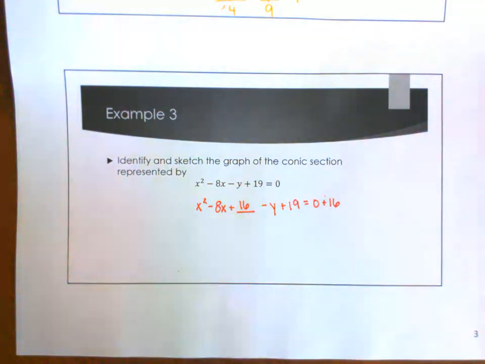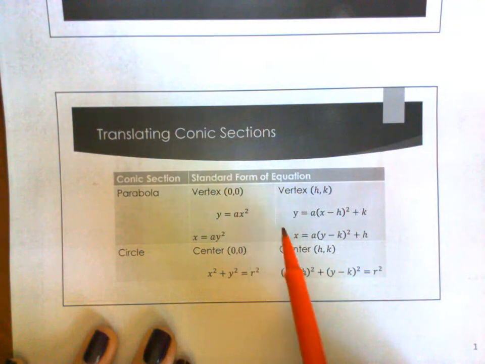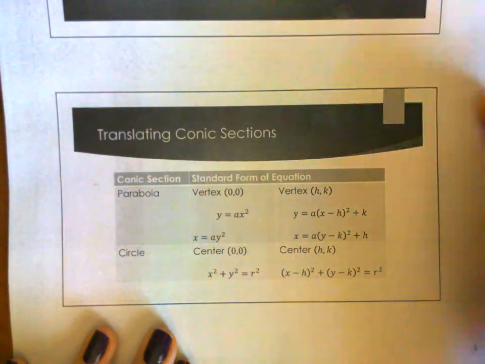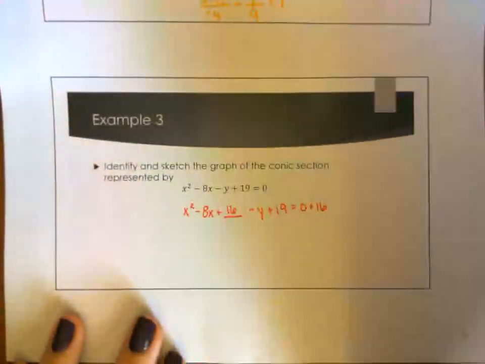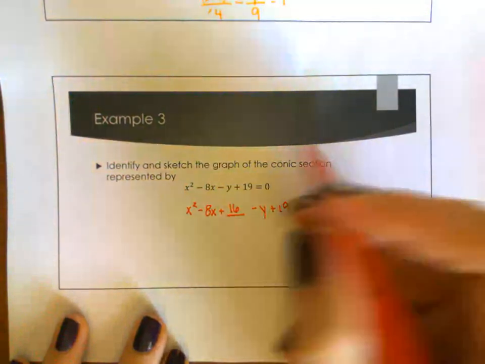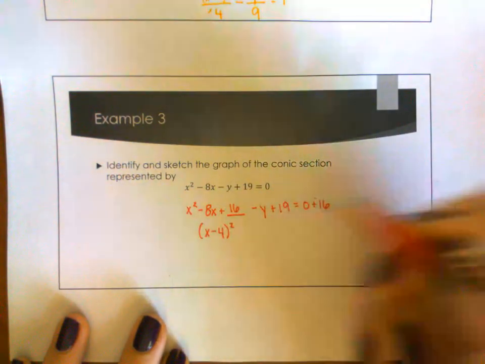All right. If we look at the notes from yesterday, here it is. The parabola. Notice that we went from having the x squared or y squared written first to having the variable that's not squared written first. So we went back to vertex form. So I am going to rewrite this as x minus 4 quantity squared.